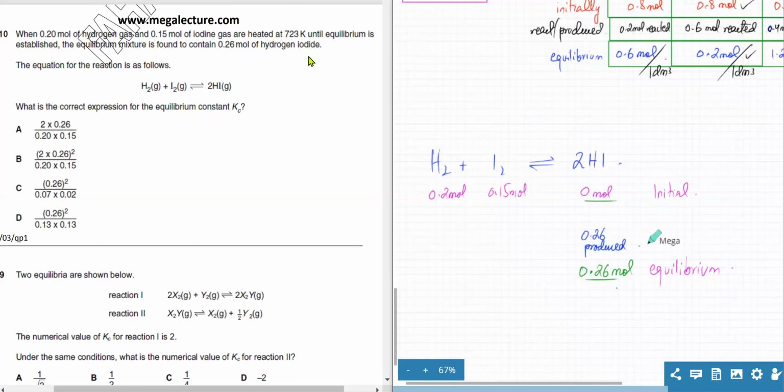That would indicate that a reaction must have taken place, and it's 2:1. So if 0.26 are getting produced, that means 0.13, 2:1, use the ratio. So 0.13 over here must have reacted.